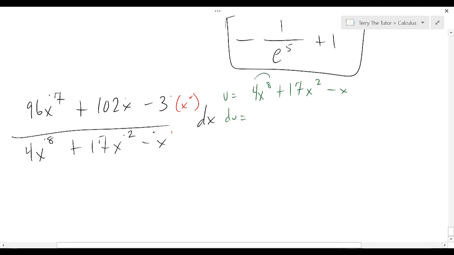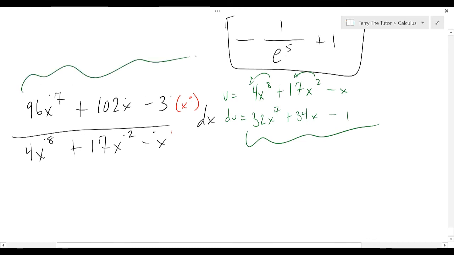Let's put the 8 down. We've got 32x to the 7th plus 34x minus 1. Okay. Is there any way I can manipulate these numbers to look like these numbers?